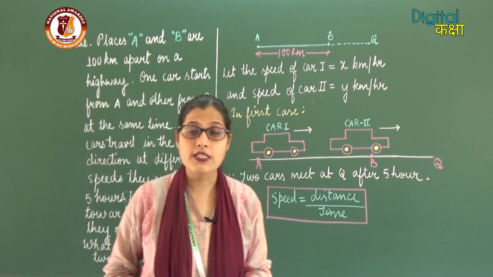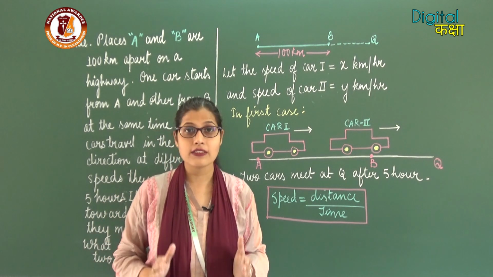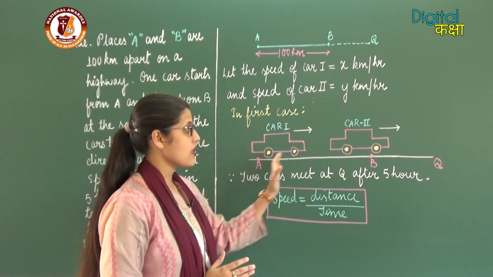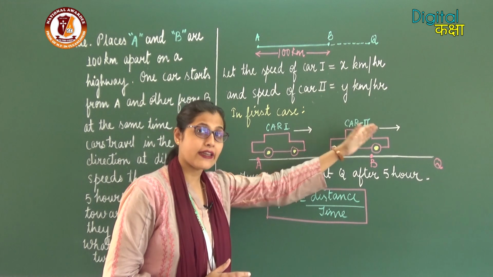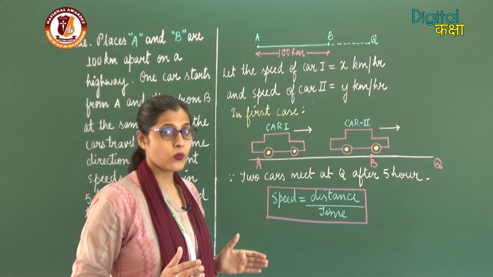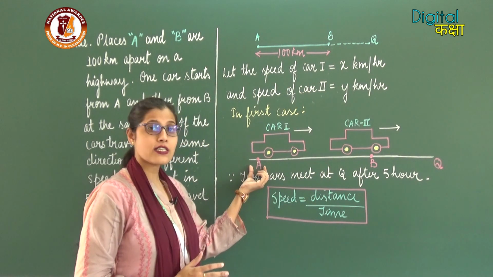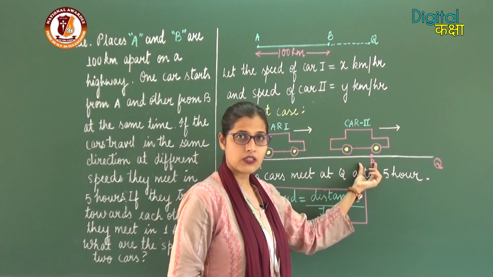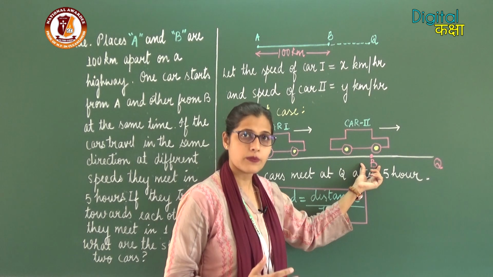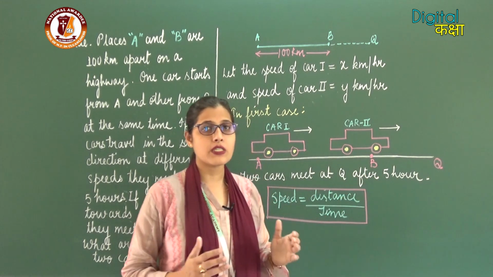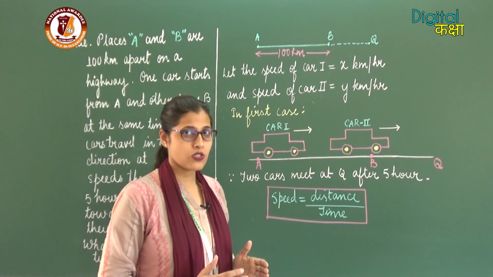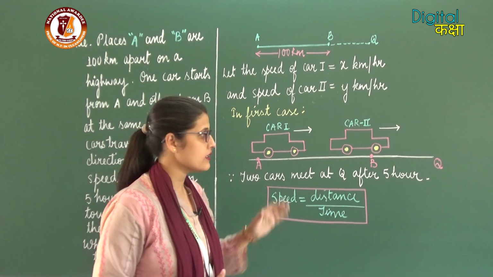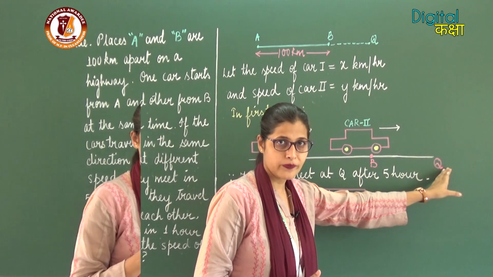So, in our first condition, we will consider that the two cars are moving in the same direction. The first car starts from point A and the second car starts from point B. Since they are meeting after 5 hours, let them meet at point Q.